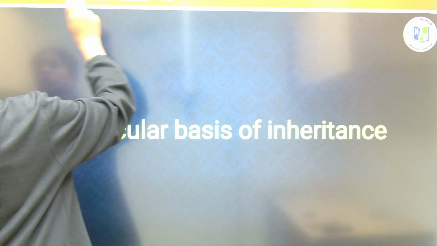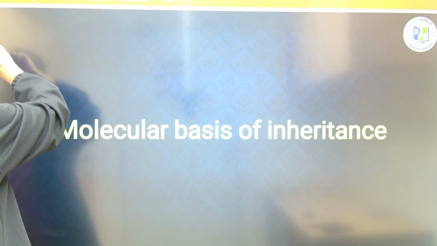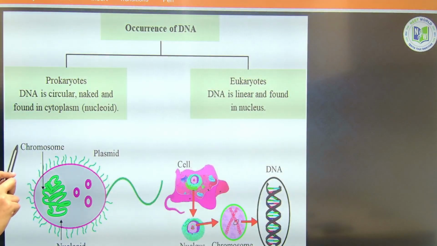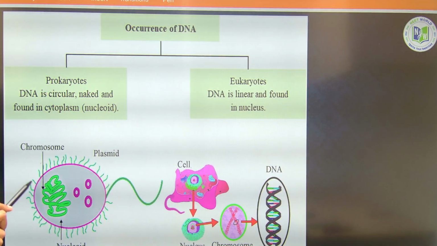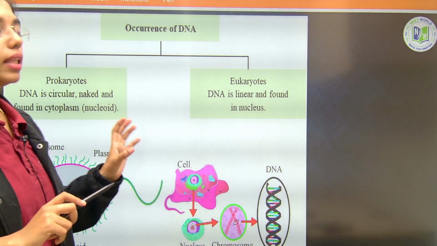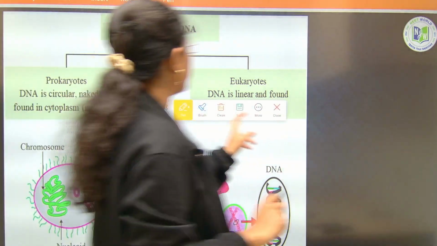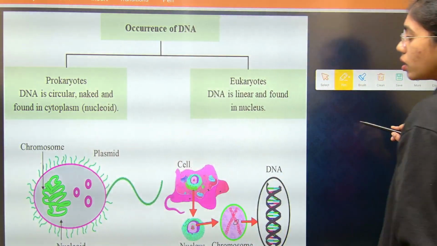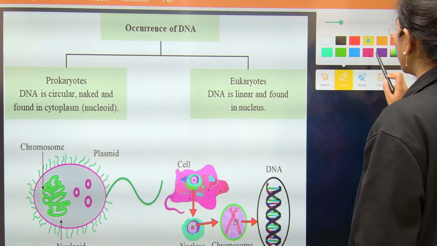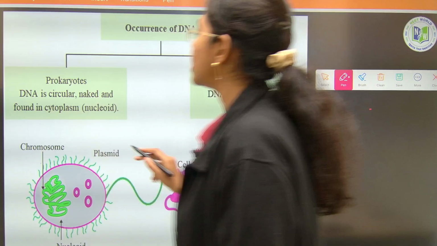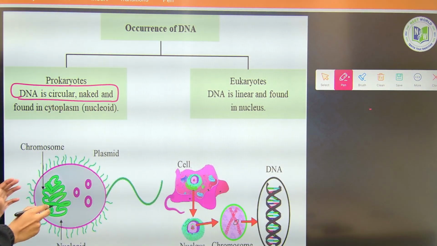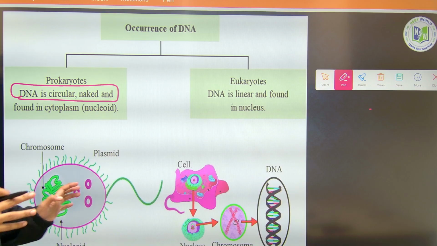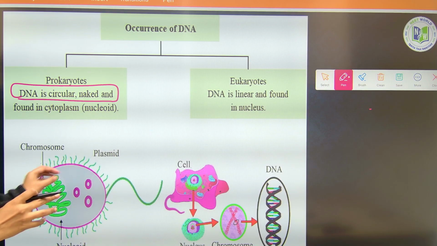Then if you see the occurrence of DNA, how DNA is present in both prokaryotes and eukaryotes. In prokaryotes, mostly the DNA is in the form of double stranded circular DNA or single stranded circular DNA, but mostly it exists as circular naked DNA. This DNA is not enclosed by any nuclear envelope, at the same time it is not scattered all across the cytoplasm.